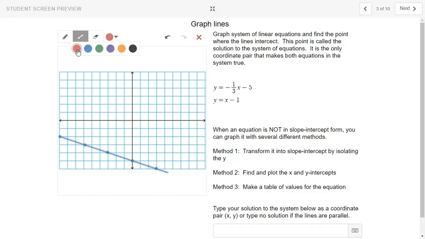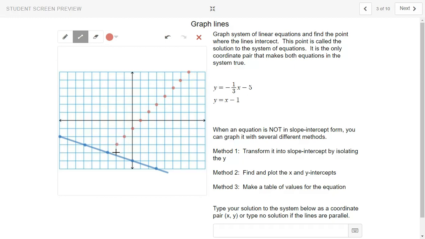I'll change to red. In slope-intercept form, it looks like I have a y-intercept, or where it crosses the y-axis, of -1. And in front of that x, the coefficient is a 1. When there's nothing there, it's a 1. So that's 1 over 1, which is going to be up 1, a positive. So up and right, up and right. Now, it's not going towards the blue line that we want to cross, so we have to reverse that and go down and left.